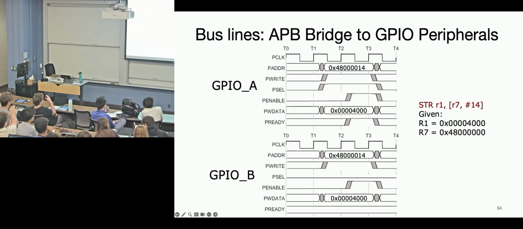And P-ready is driven by the peripheral, right? P-ready is driven by the peripheral, correct. So if we hold that condition that P-write and P-address and P-enable are 1 clock cycle ahead, could I have started all of this on T0 or did it have to start on T1?